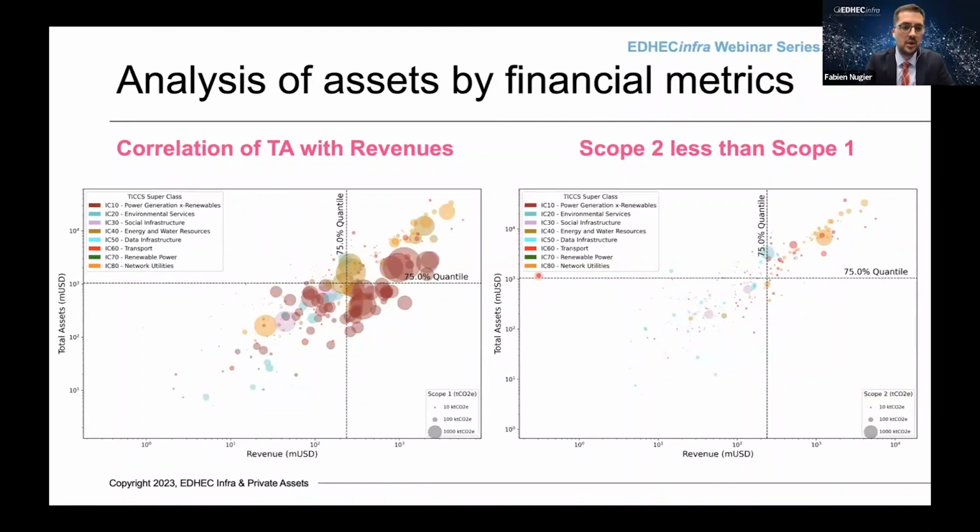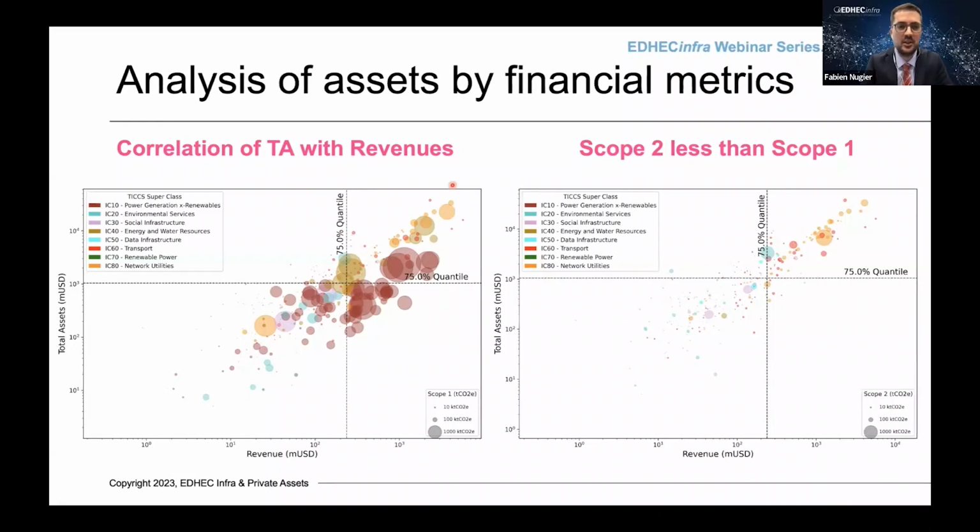Right, so here on these plots, what you can see is the revenue against the total assets. And the size of the bubbles represent respectively scope 1 and scope 2 emissions. So what you see is for both scope 1 and scope 2 emissions that there is a strong correlation between revenue and total assets.